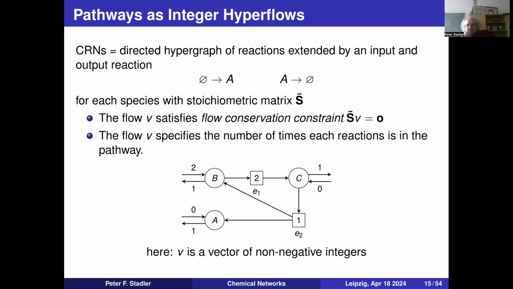If we want to dive a little bit further into these, then we can essentially ask: we are given now one of these hypergraphs with some input and some output, and what you would actually want to know is, if you get a flow solution, so if we get a connection of some set of inputs to some set of outputs, is this actually something that is also chemically feasible?